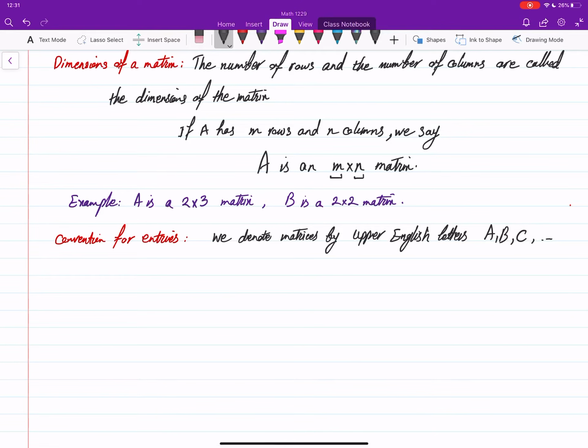And if you're working with the entries of A, we use lowercase English letters. So to denote entries of a matrix, we use the lowercase English letter of the name of the matrix.